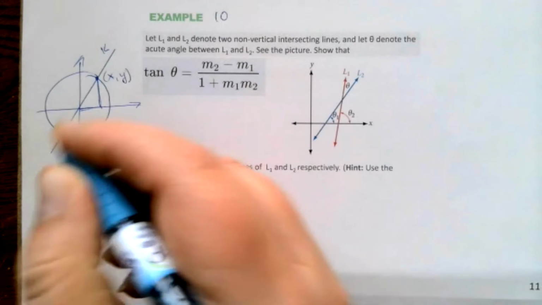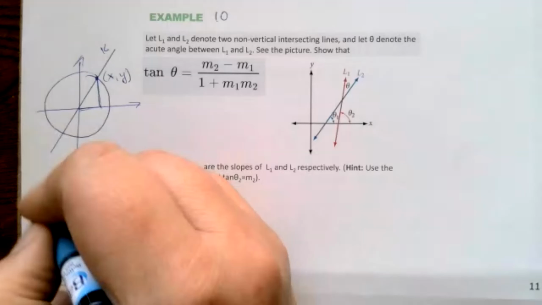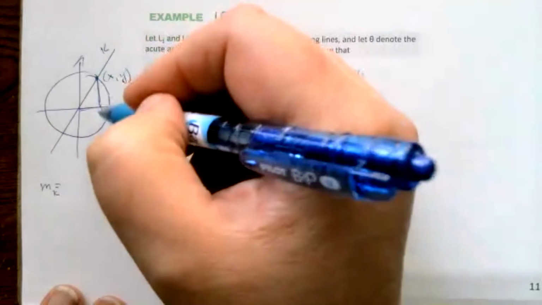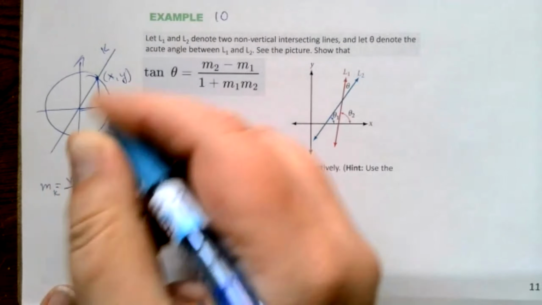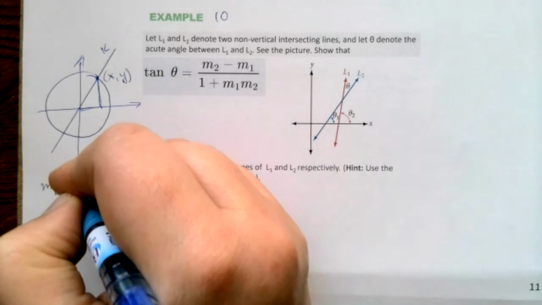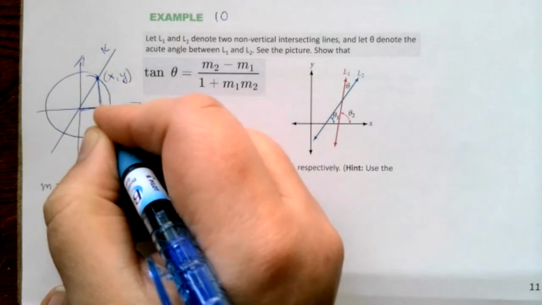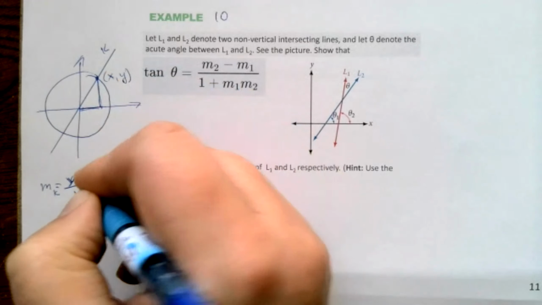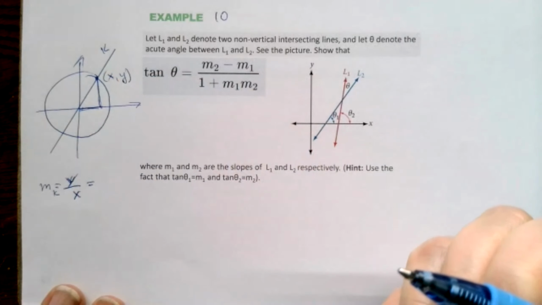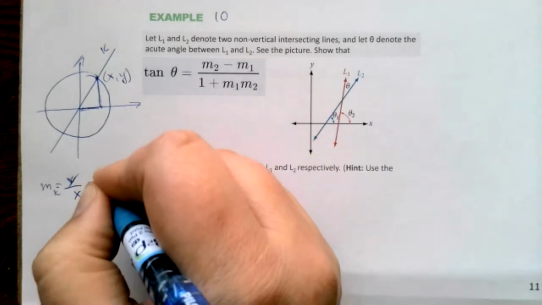Now remember that the slope of line K is going to be the rise, which is y, divided by the run, which is the x value. And what is that, y divided by x?